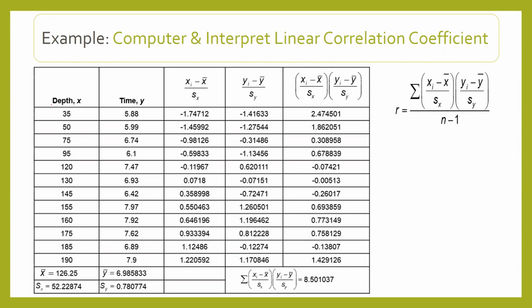Of course, it's not difficult once you know the mean for each variable. This is the mean here for X. This is the mean here for Y. And this is the standard deviation for X. This is the standard deviation for Y. And we make the table. So X 35 minus the bar 126, divided by 52.2284.